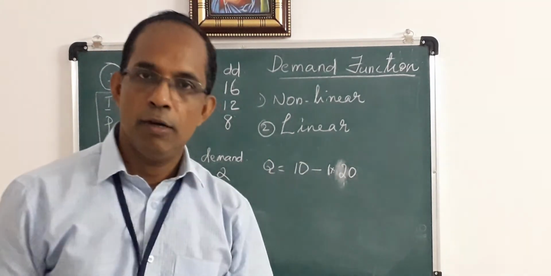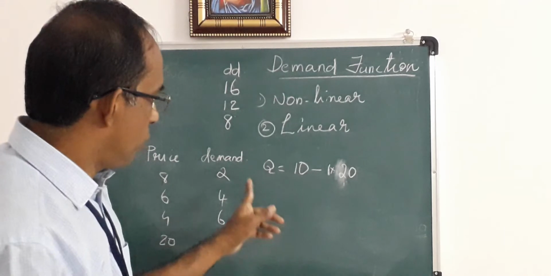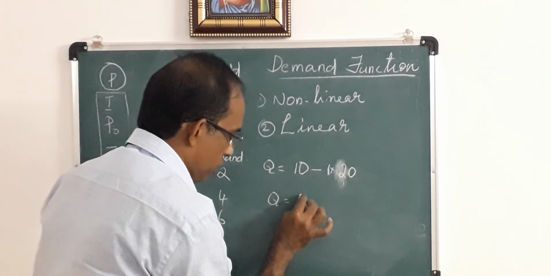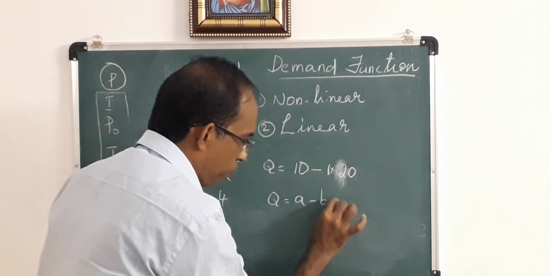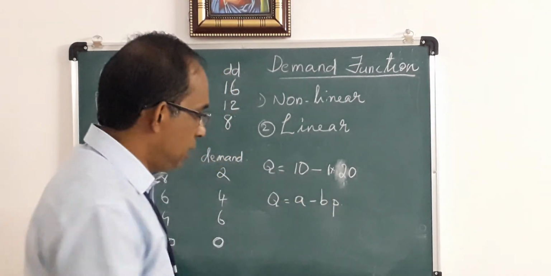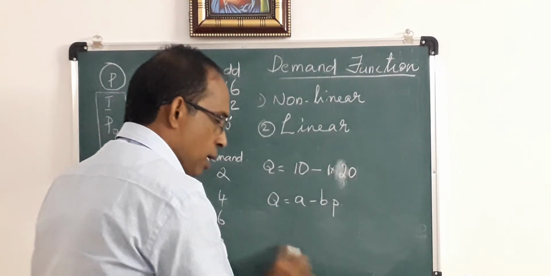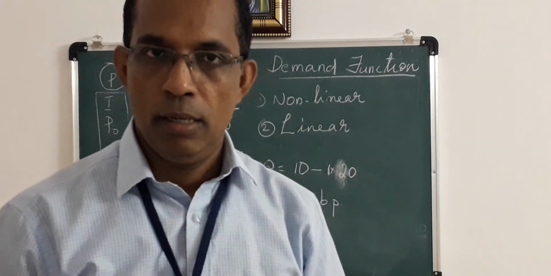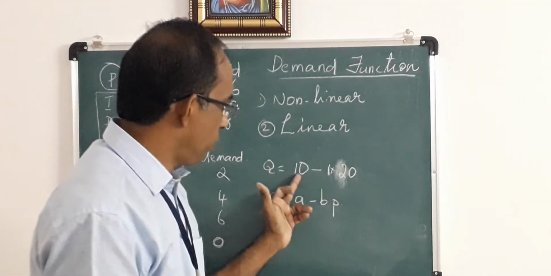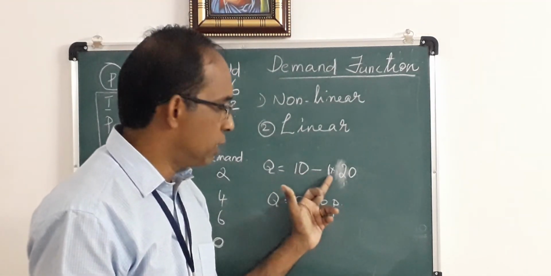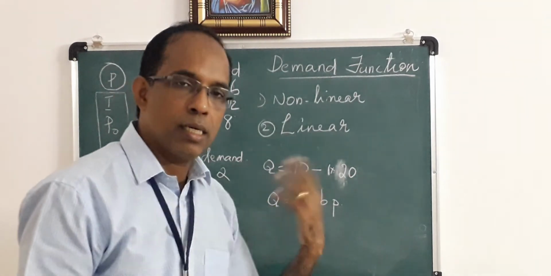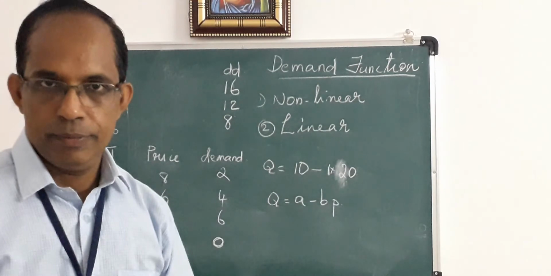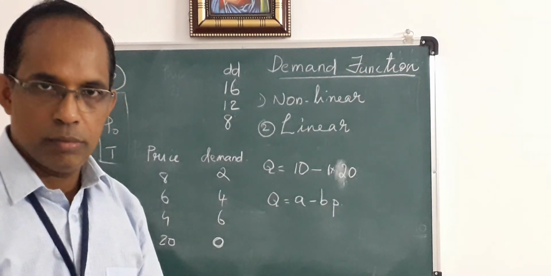The general form of linear demand function is Q is A minus Bp, and this may vary from consumer to consumer. For a particular consumer, this may be 10 minus 1p. Another consumer, it may be 5 minus Bp. Clear? Okay, thank you.